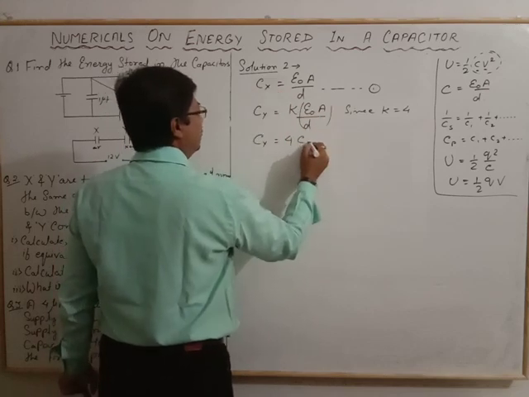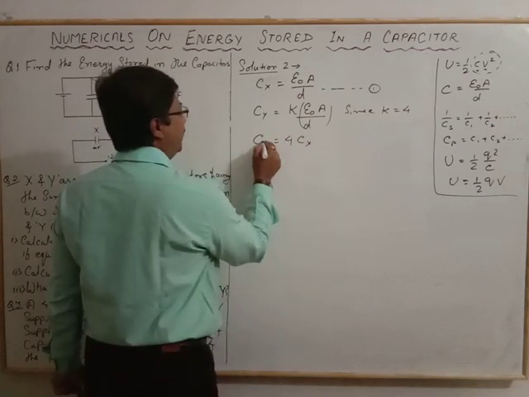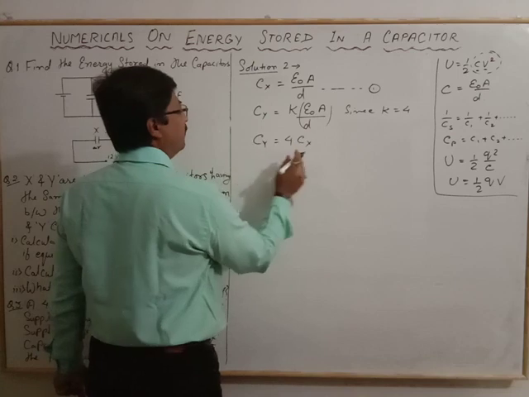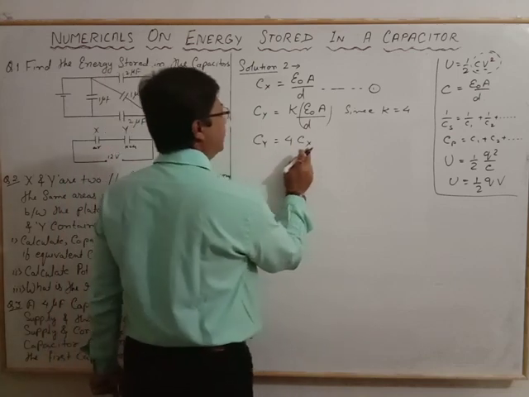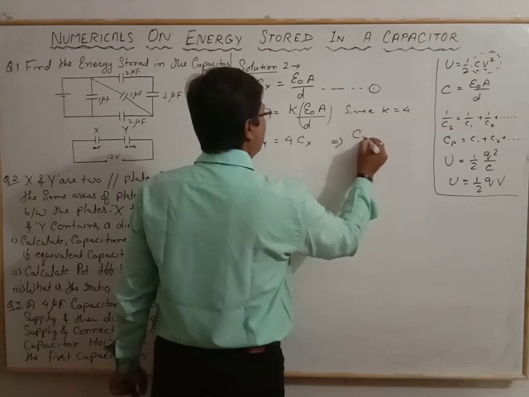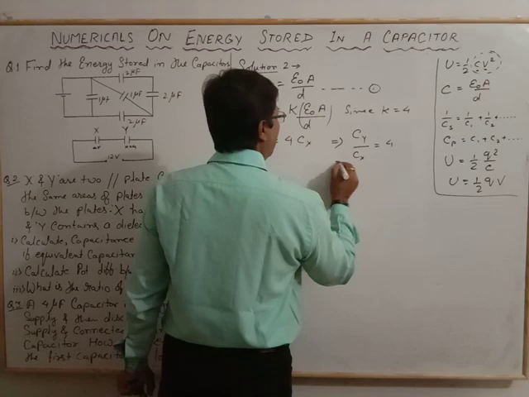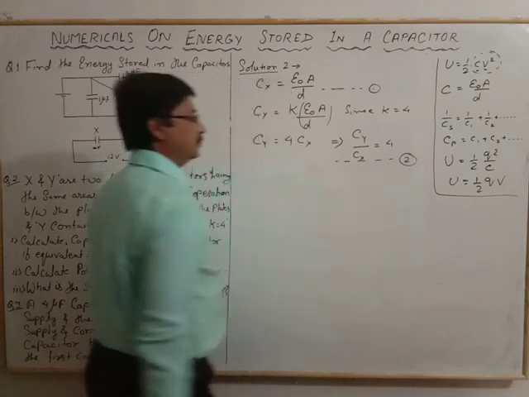So Cy has the value 4 times Cx, or this implies Cy by Cx is equal to 4. That becomes relation number 2.